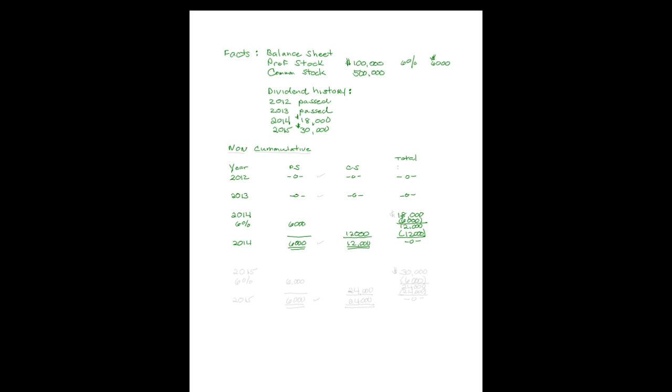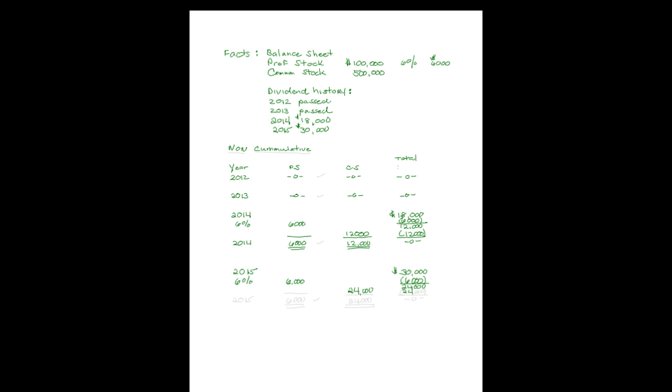How does 2015 shake out? Not a whole lot different. It's 2015. A $30,000 dividend was declared. I like my dollar signs to be there. And the first thing is the 6% goes to preferred stock. It's non-cumulative. That's all they get. That leaves $24,000 to give away. And the $24,000 will go to the common stock because they get whatever's left.